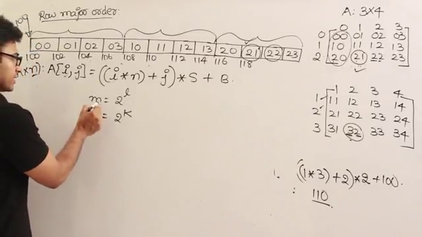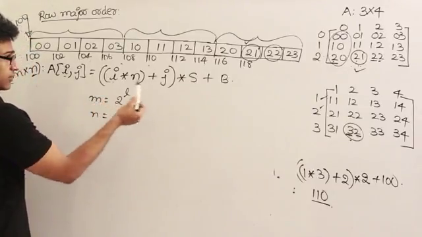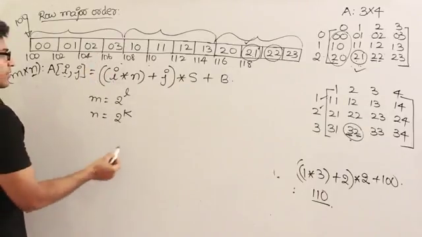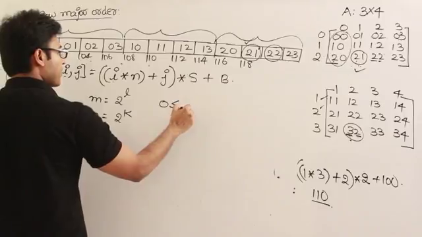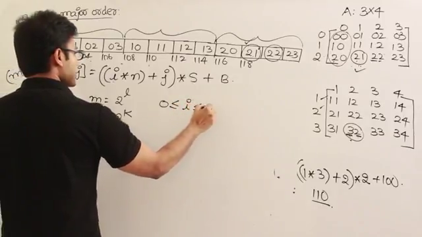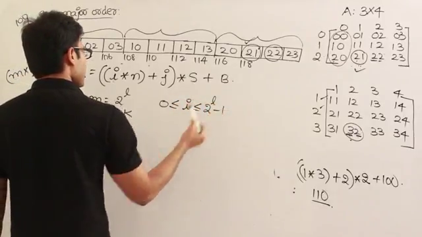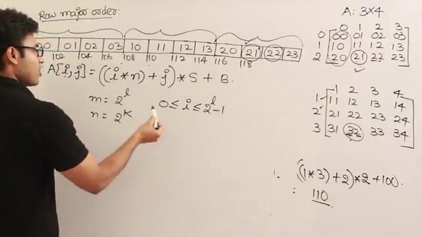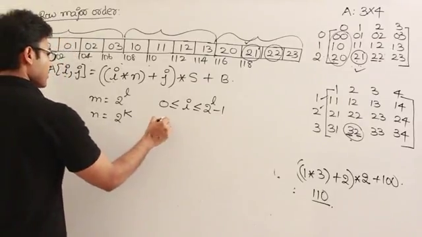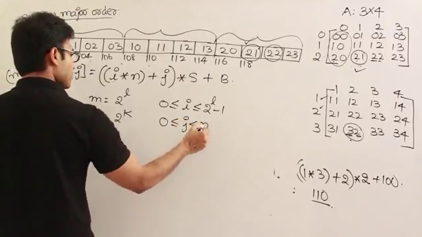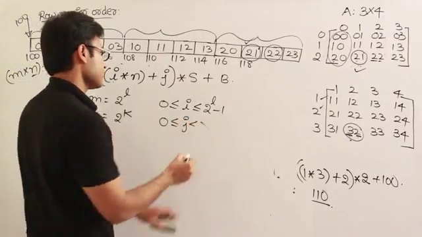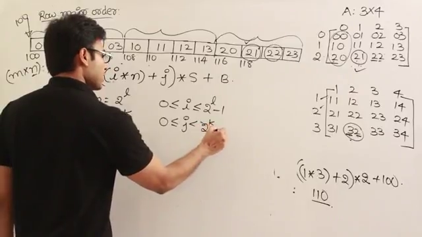If you assume that it is starting with zero, the row number I will vary up to less than or equal to 2 power l minus 1, isn't it? And what about the column number? The column number will also be less than or equal to 2 power k minus 1.